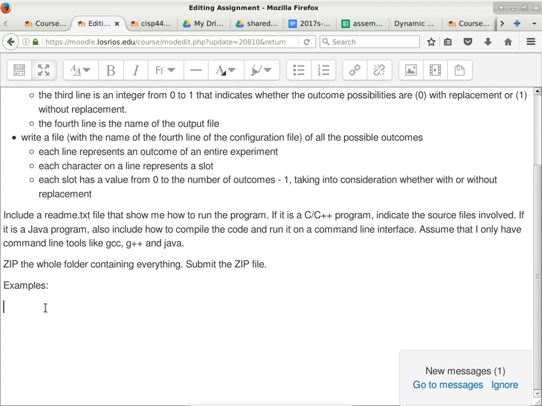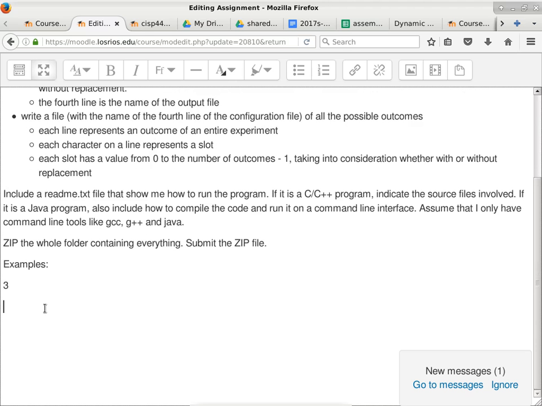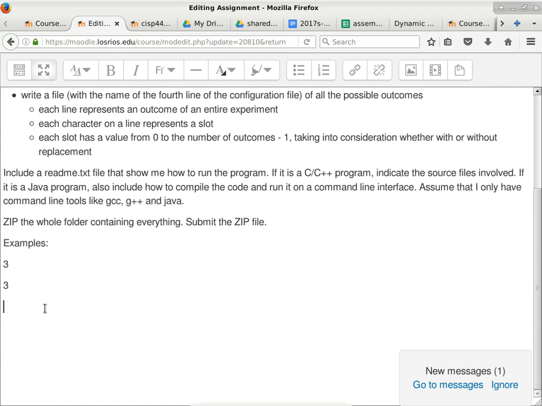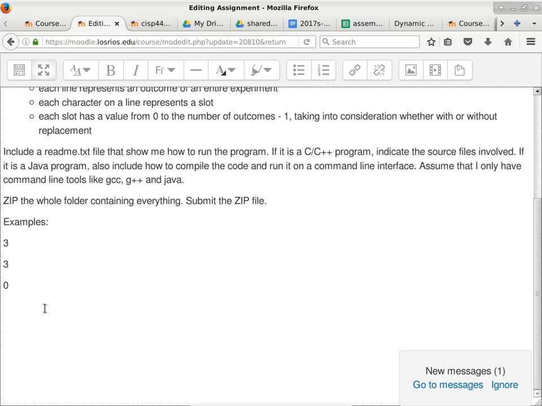Okay, all right. So let's say we have 3 trials per experiment, and then we have 3 possible values per trial, and it is with replacement. So I put a 0 here on the third line, and then the last one is going to be the name of the output file.